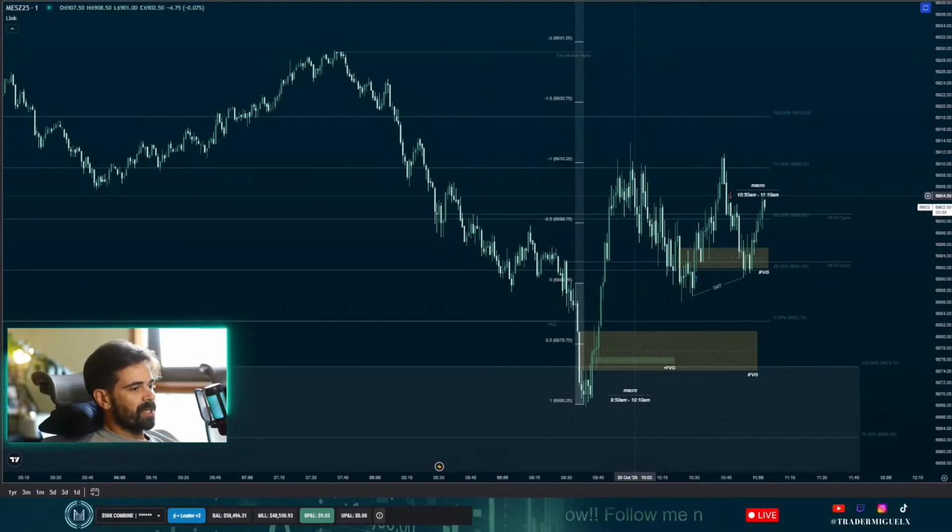Yeah, price pushing now to the upside a little bit, not that much. But honestly, NQ is not doing what it's supposed to do. Kind of a weird behavior from NQ.